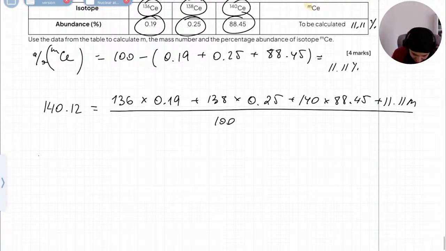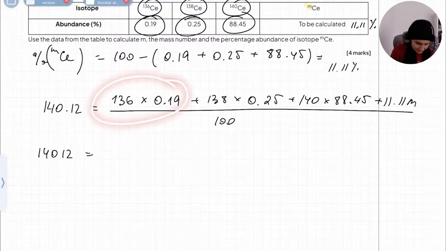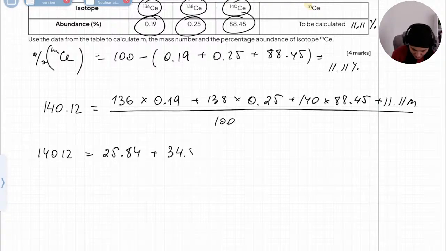So what I'll do is multiply both sides by 100 and calculate these things. So 136 times 0.19 is 25.84. 138 times 0.25 plus 140 times 88.45.